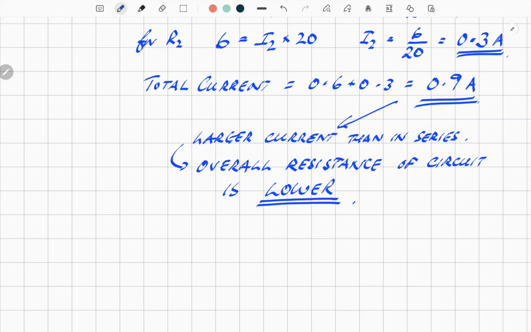In GCSE, you don't have to work out the formula for parallel resistance. You don't have to learn it, but we can work out the overall resistance by using, again, the total current and the voltage that we know: 6 volts, 0.9 amps is the current, and this would be the total resistance of the circuit.